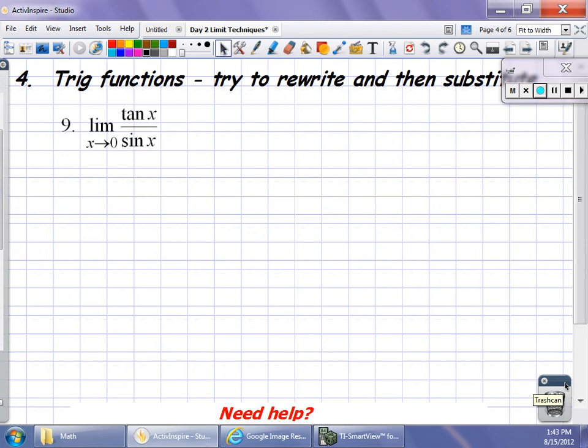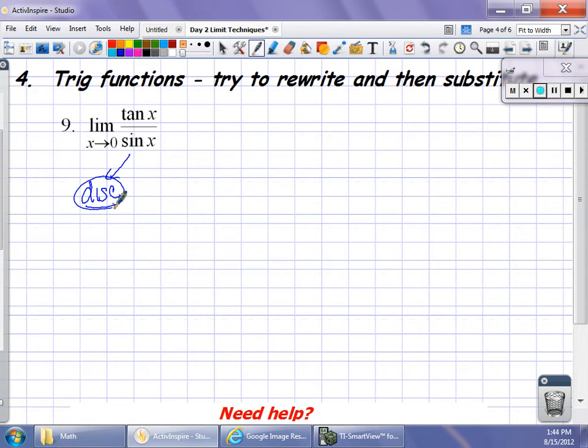All right, so trig functions. When you encounter a trig function, it doesn't have a radical in it. It's not factorable, or at least this one's not. So what do you always try first? Let's back up. There is a discontinuity on this graph. Anywhere that the sine is equal to 0, we have a discontinuity.